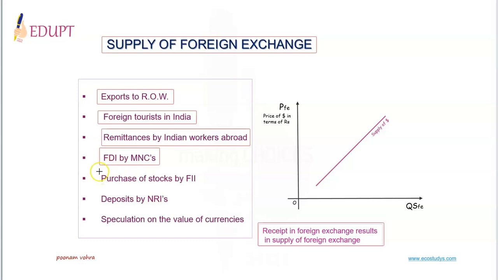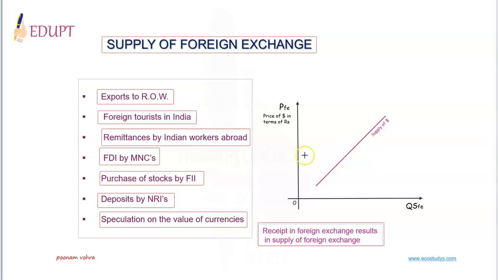When there is purchase of stocks by foreign institutional investors, or when non-resident Indians deposit in Indian banks, or when currency dealers and speculators cause flow of foreign currency in the domestic market.